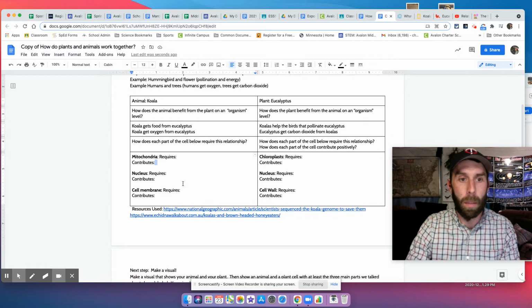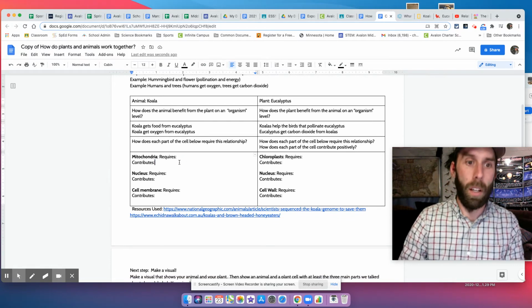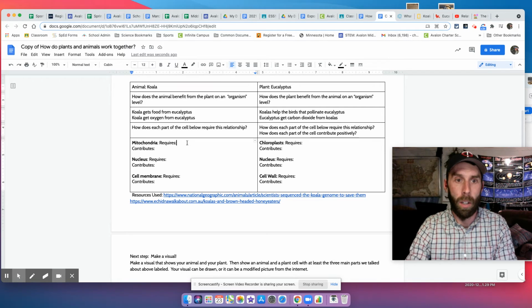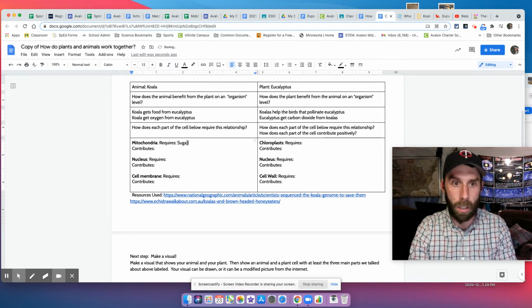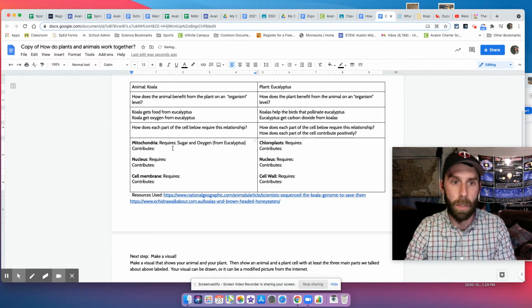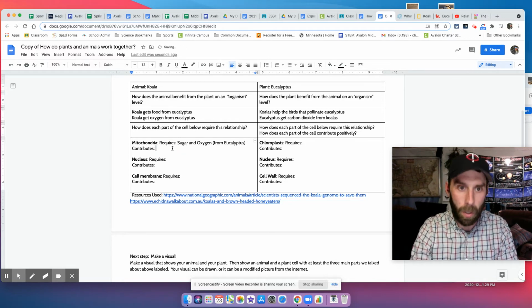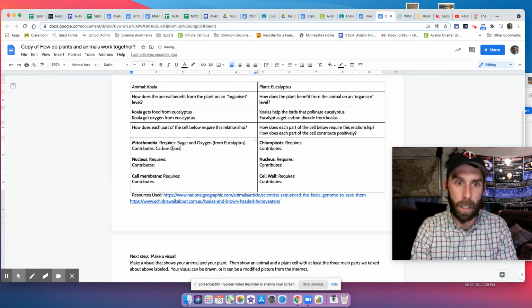Now down here, let's think about the actual parts of the cells. What do mitochondria require? They're the powerhouse of the cell. They need sugar and they need oxygen from eucalyptus. I had no idea I was going to write eucalyptus this many times. And it contributes carbon dioxide.